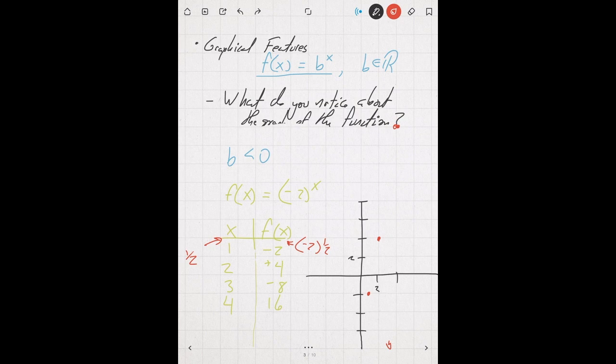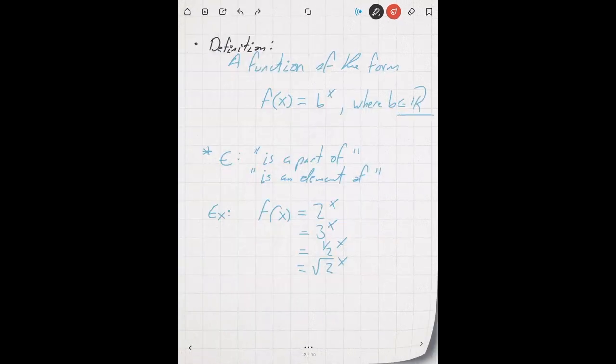So what I'm going to do is I want to go back to this definition right here. And we're going to define an exponential function as a function of the form b to the x power, where b is a real number, and I'm going to put this little note to us here that says b must be greater than 0.